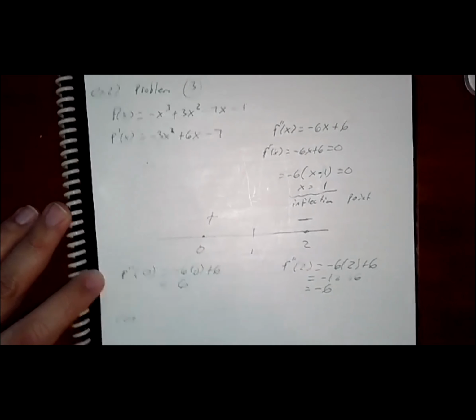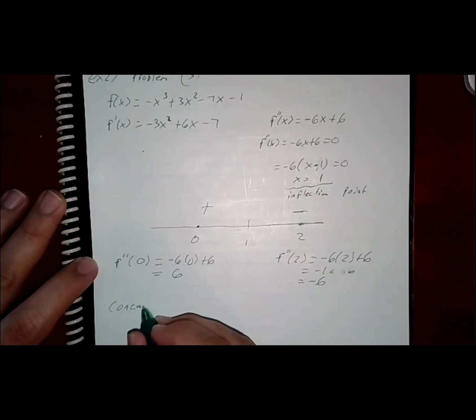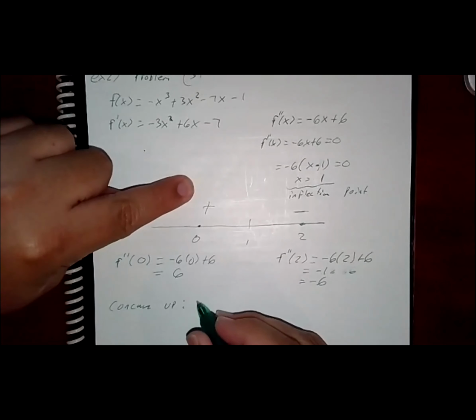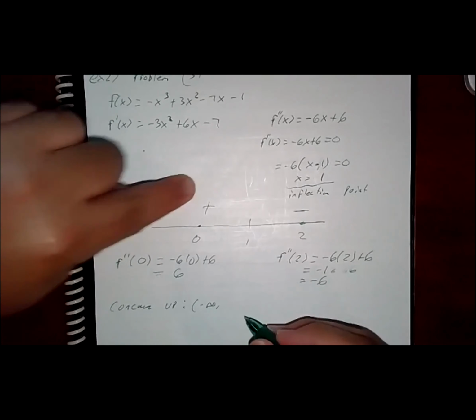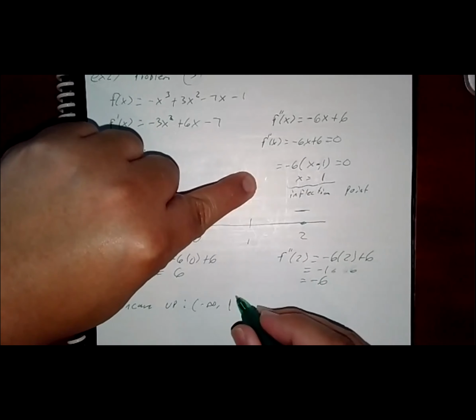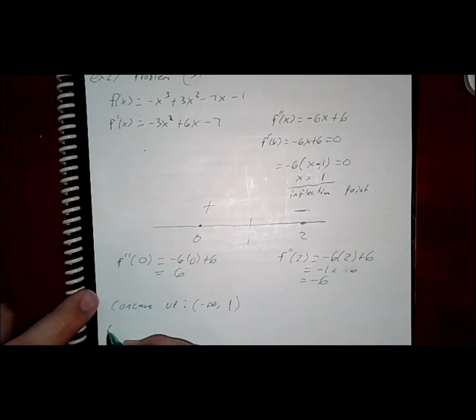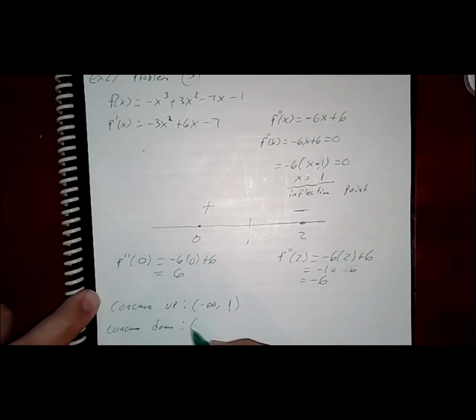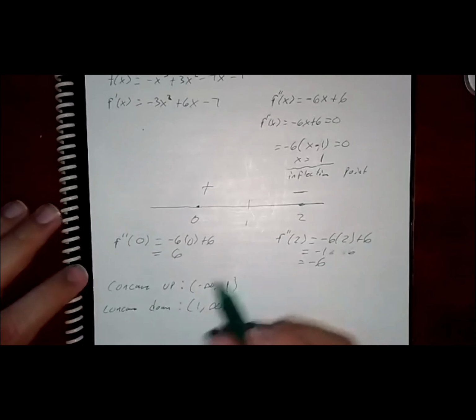The answer will be concave up from -infinity all the way until the point of inflection, that's the cutoff point. Concave down from 1 until infinity, starting right after. That's it, and this is your answer.